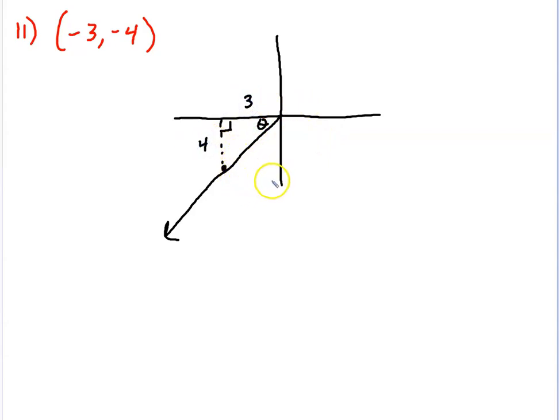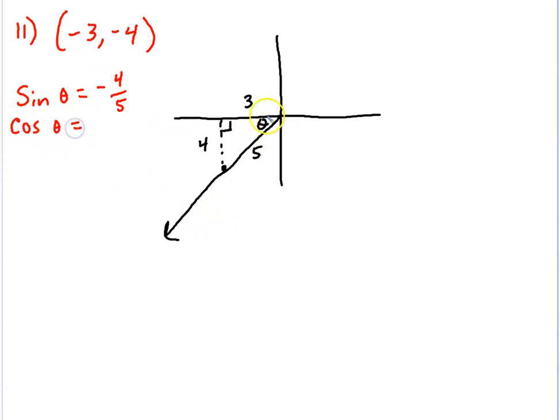You do the Pythagorean theorem, c squared equals 9 plus 16, c squared equals 25, so that means the hypotenuse is going to be 5. Okay, so let's run through the 6 trig functions of theta. Sine theta is opposite over hypotenuse, but in quadrant 3, sine is negative, so that's negative 4/5.